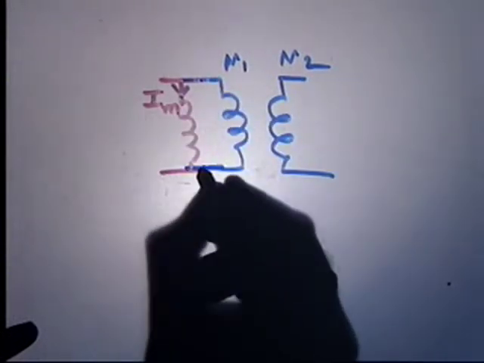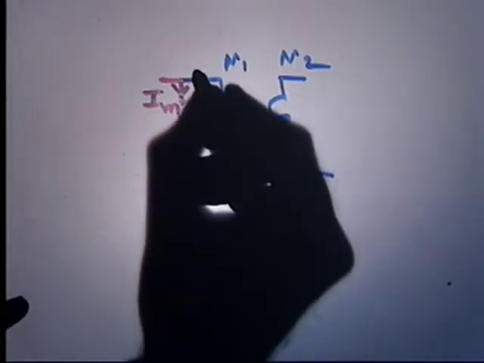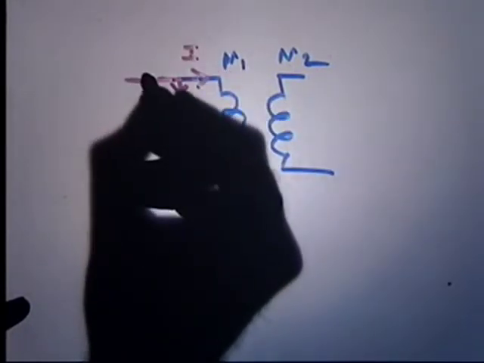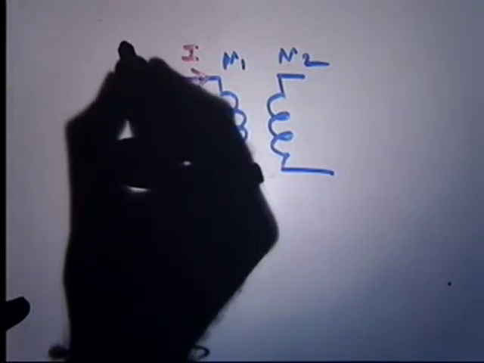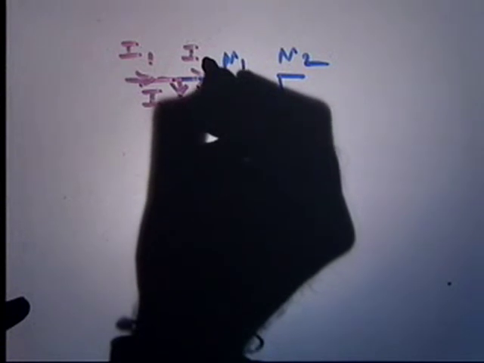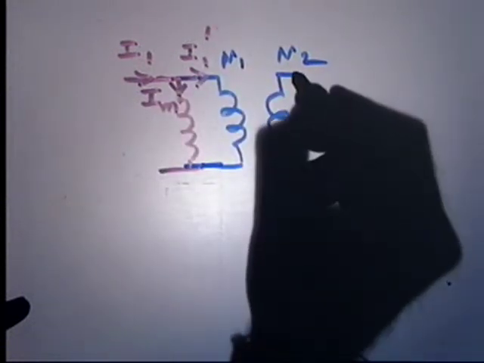Okay, this current is drawn. I will now call it I1, let us say I1 dash or something. This is I2.